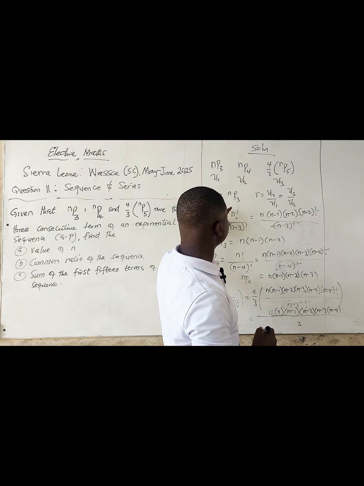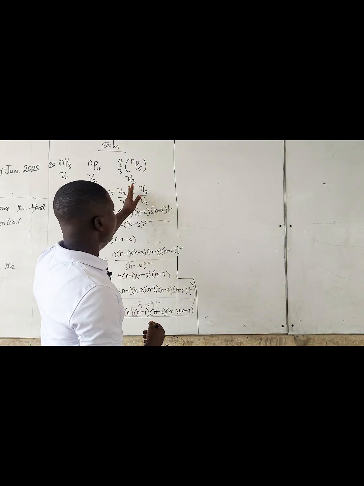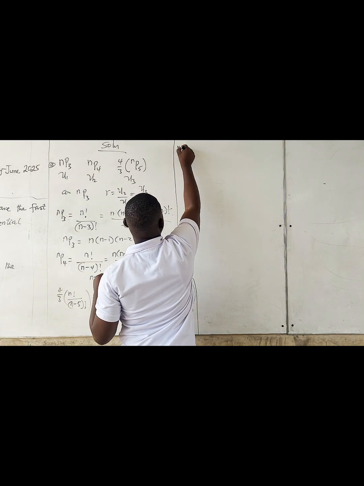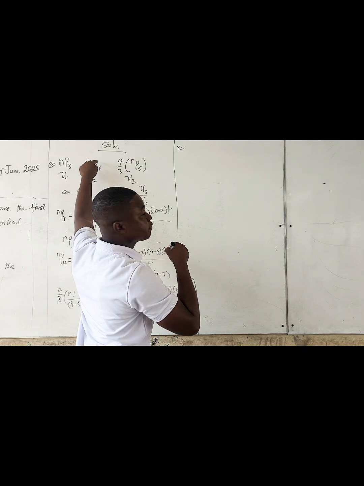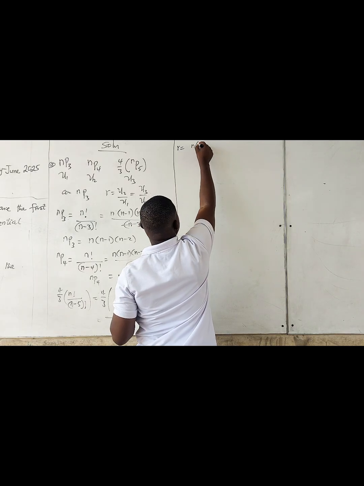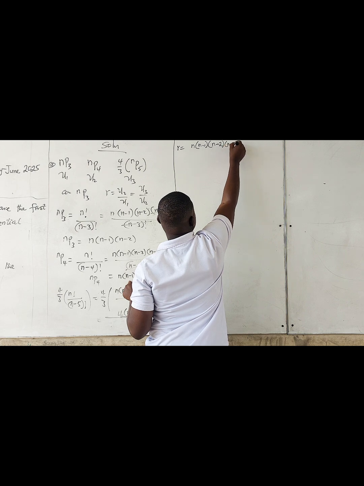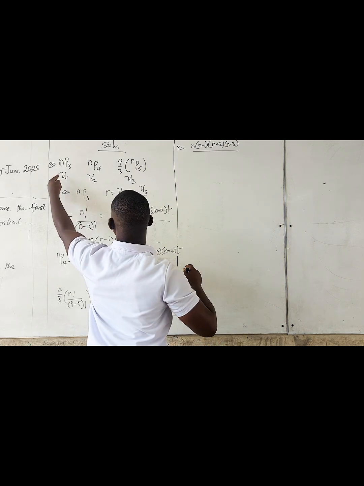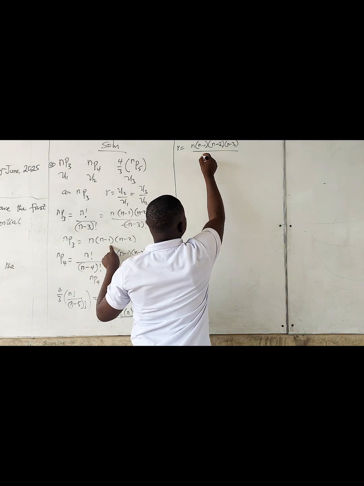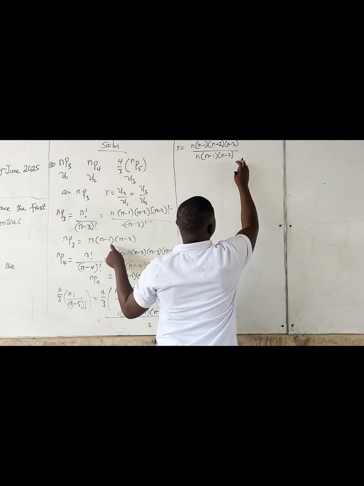Now, as we said, with sequence, your R becomes U2 over U1. U2 is nP4, which gives us n(n minus 1)(n minus 2)(n minus 3), all over U1, and U1 is nP3, which gives us n(n minus 1)(n minus 2).